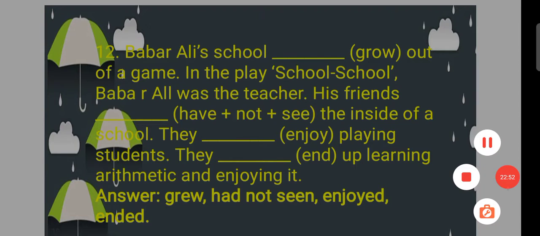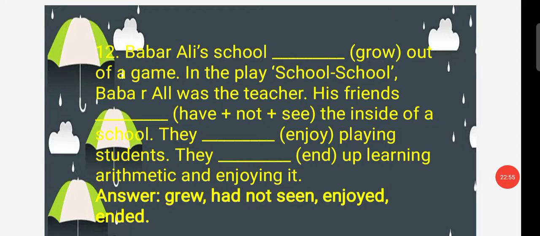12th question. Babar Ali school dash, grow past tense is grew, out of a game. In the play school Babar Ali was the teacher. His friends dash have not seen the inside of a school. Have not seen is wrong. Since the sentence is in the past tense, you have to say had not seen, because we have started with the past tense.